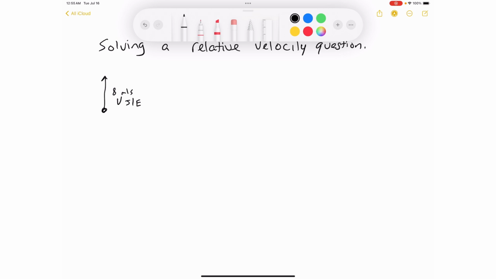Great. Now what happens is one of his teammates kicks the ball to him. So there's a ball being kicked to him, and the ball is being kicked at 37 degrees east of north, and it's being kicked at 12 meters per second.